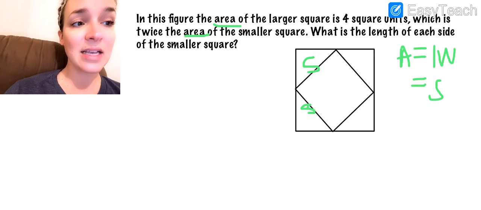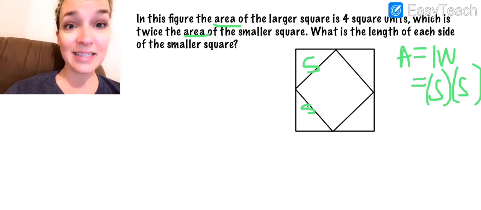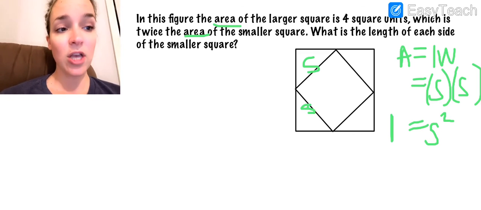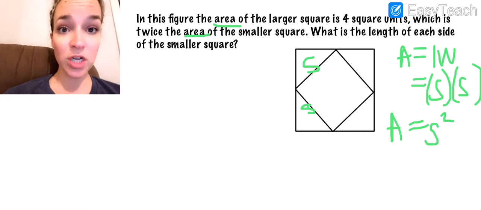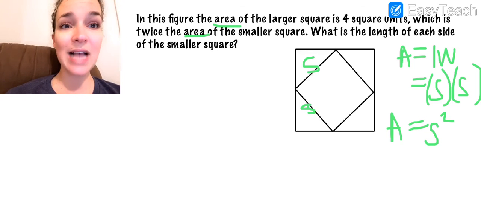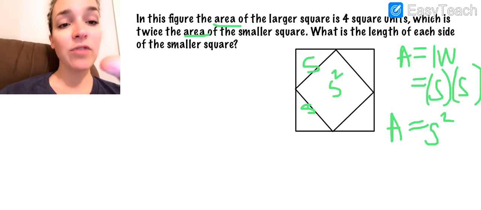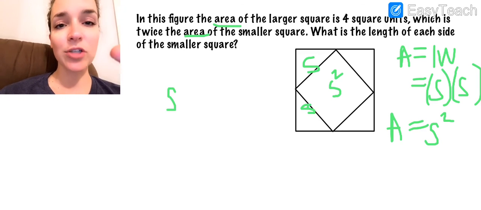It's S times S. Now, when we multiply something by itself, we could also write that as S squared. So when I write my equation here to represent what's happening, I'm going to use S squared as the area for my smaller square, okay?